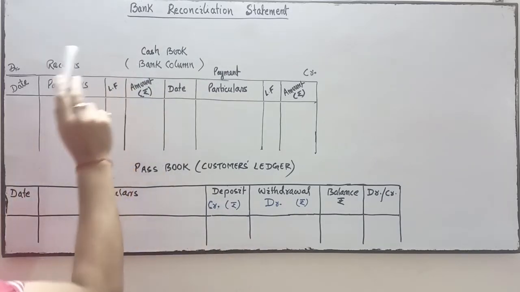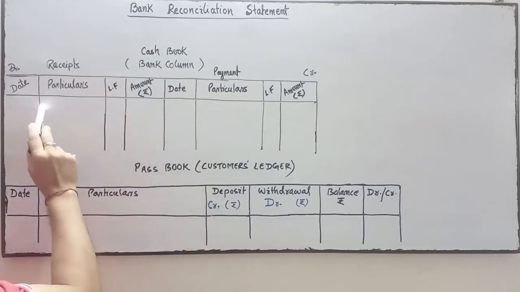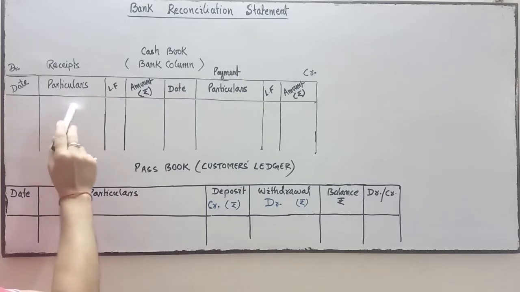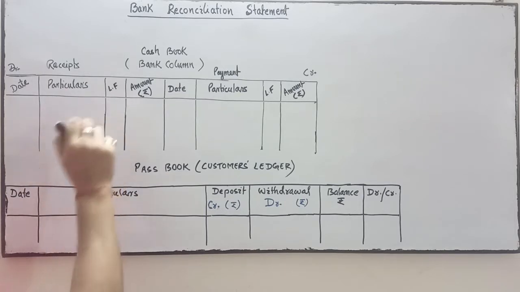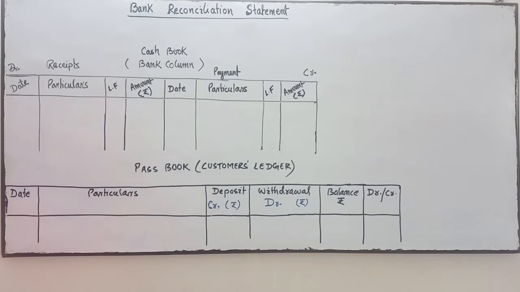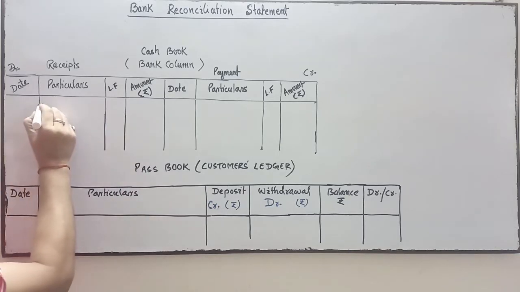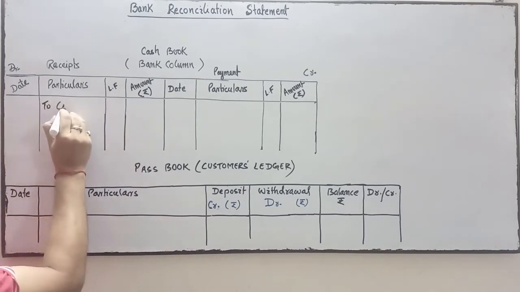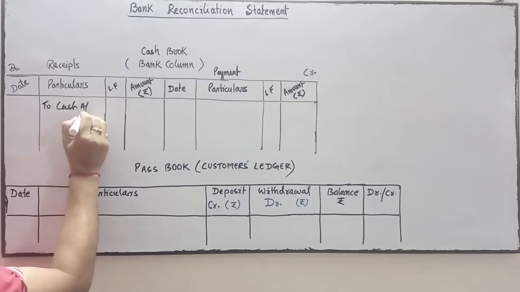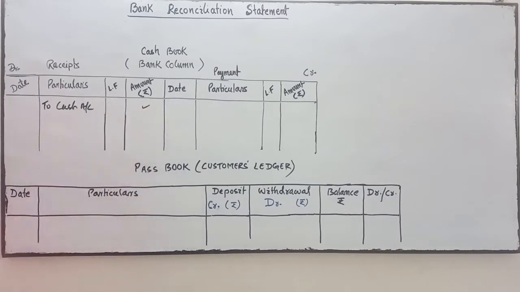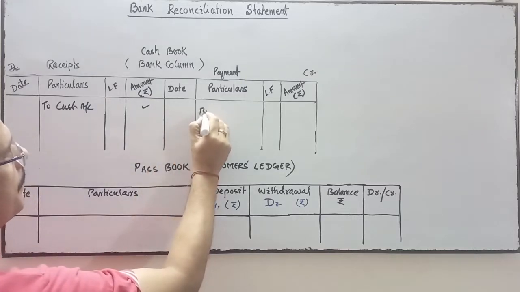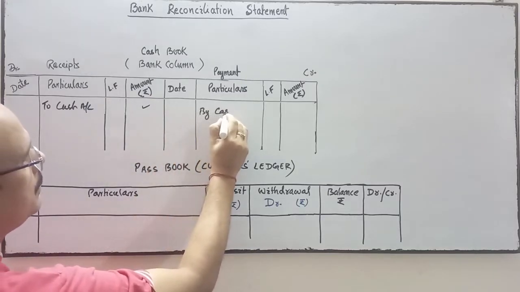So when we deposit the money, we write in the debit side, to cash account. When we deposit the cash, what we write? To cash account. Okay, this side. When we withdraw the money from the bank, we write this side, by cash account.